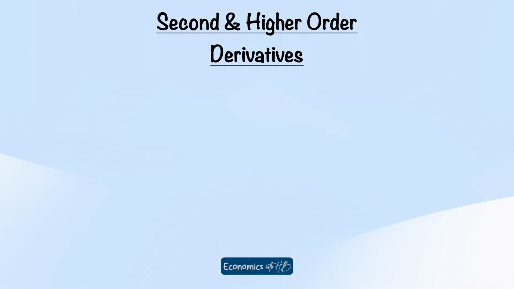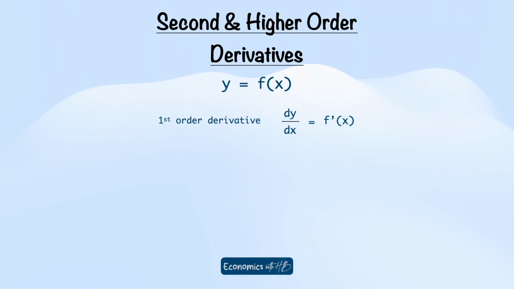If y is equal to f of x is a function of x, then the derivative of y with respect to x is given as dy by dx, also written as f dash x. This is the first derivative of y with respect to x. Now, if this first derivative is differentiated again with respect to x, we obtain the second order derivative d2y by dx square, also written as f dash dash x.